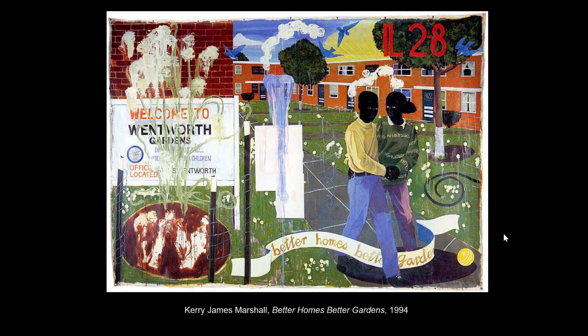Because what we have here is an indictment of separate and unequal. Wentworth Gardens is a housing project in Chicago. What we have then is an examination of the way in which African Americans might aspire to a typical middle-class life in Chicago, but it isn't available to them because of discriminatory housing policies such as redlining.